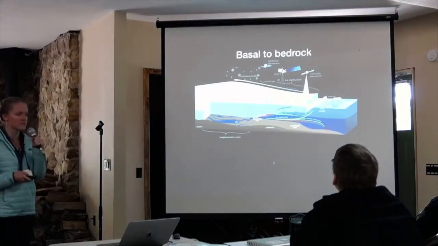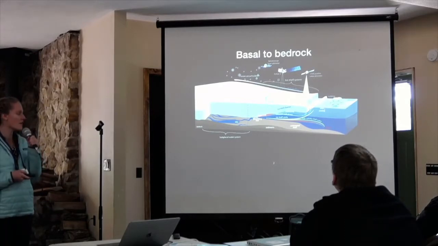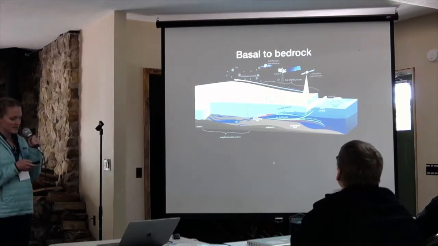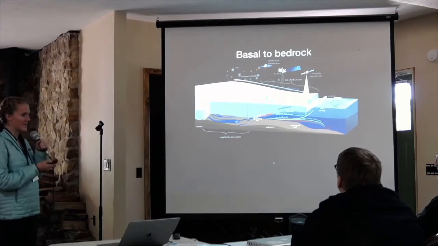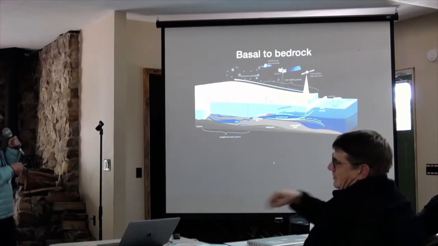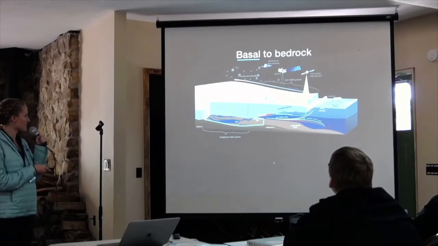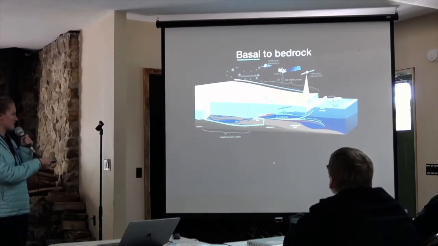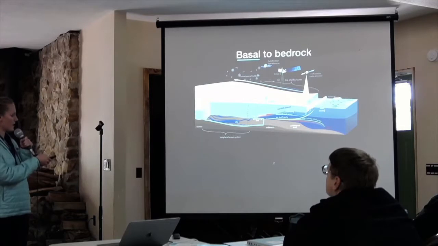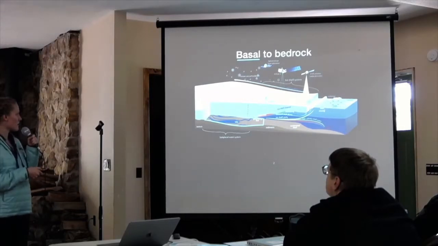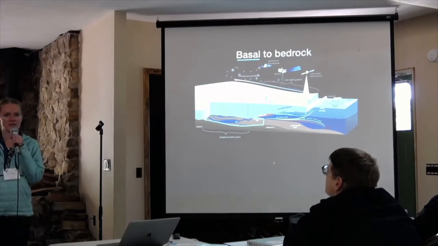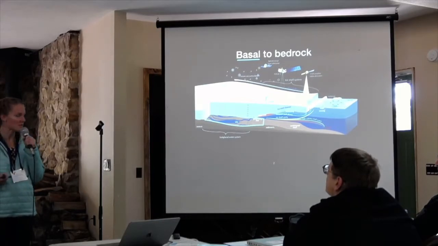So to start, here's our general schematic of an ice sheet flowing off of the continent and into the ocean. Sorry, this is blurry. That's okay. Okay. So when I'm thinking about basal processes that I'm interested in, it's the hydrologic systems that we know exist at the base of the ice sheet thanks to satellites like ICESat and other remote sensing methods.